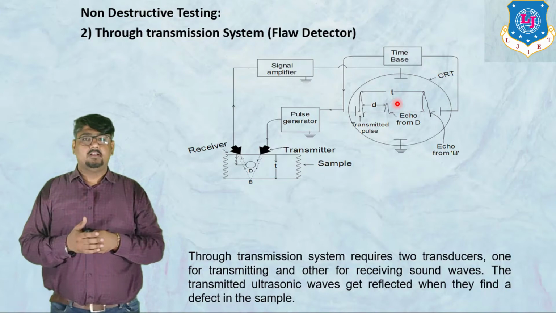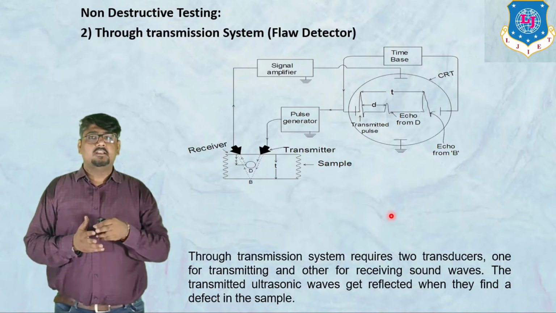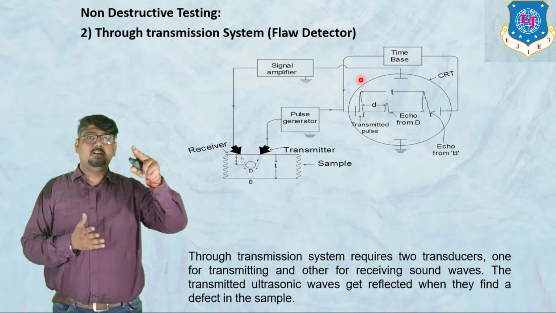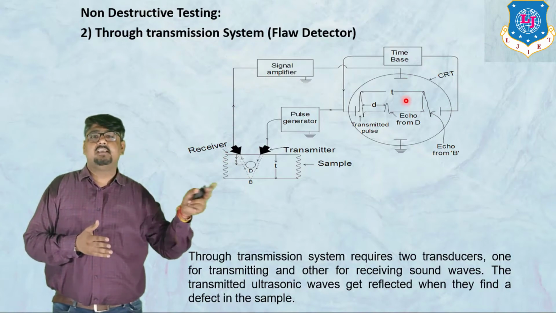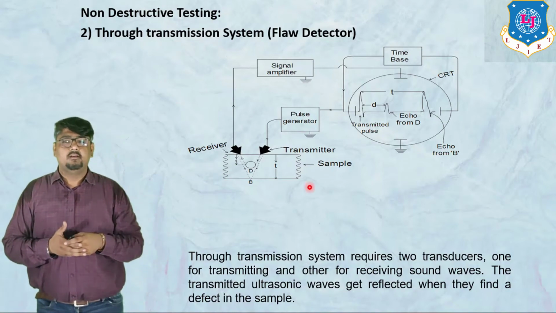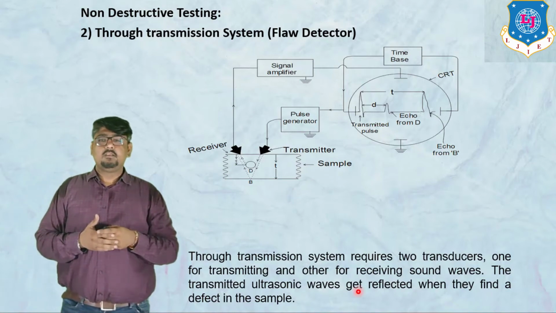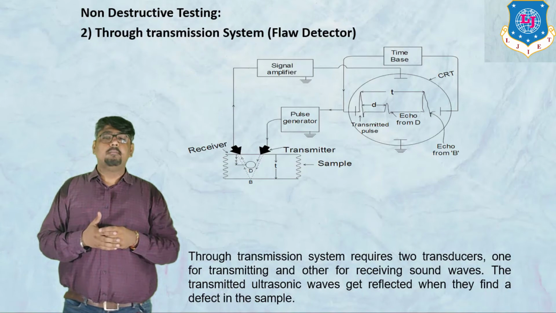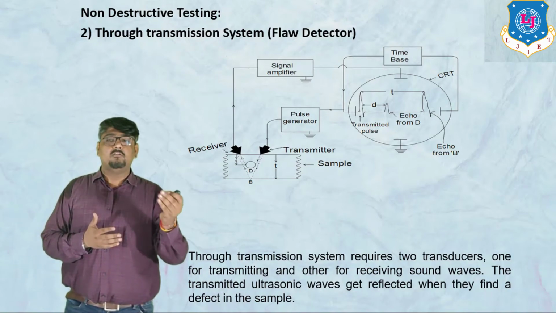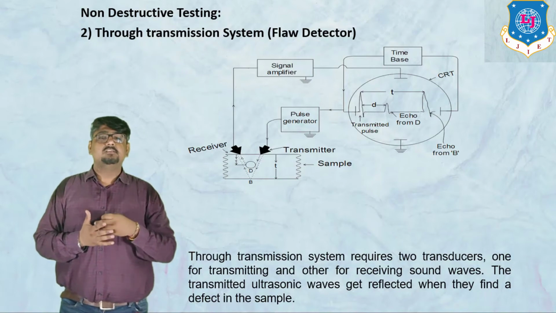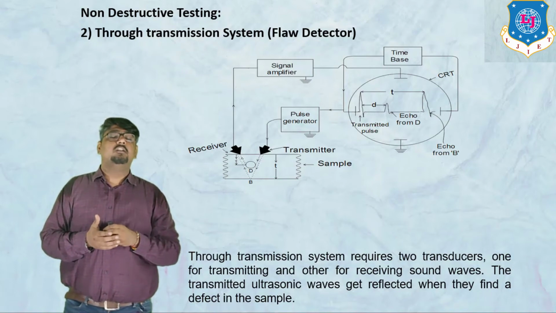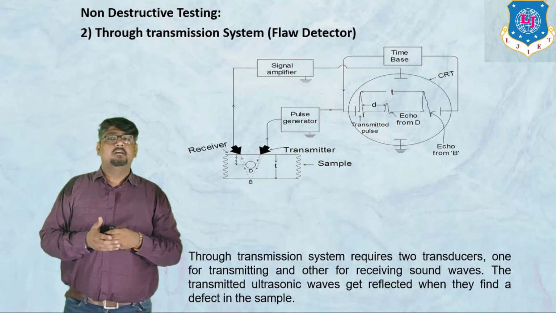You can see in the figure, the reflected waves are amplified, and after amplification they are sent to the cathode ray oscilloscope. That is for the feedback. The time taken for the signal to come back is noted, and the exact size of the defect can be determined.